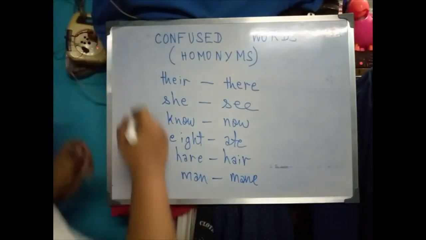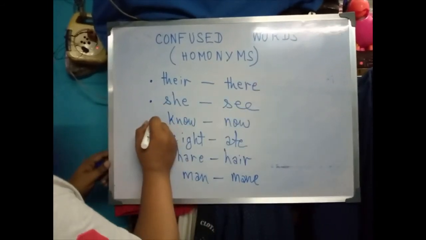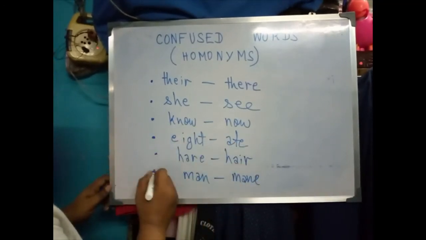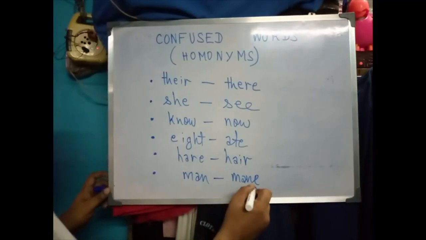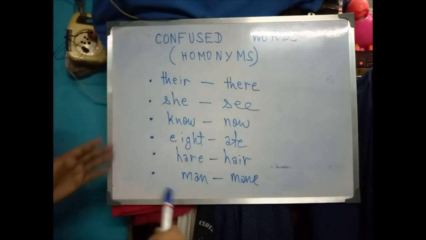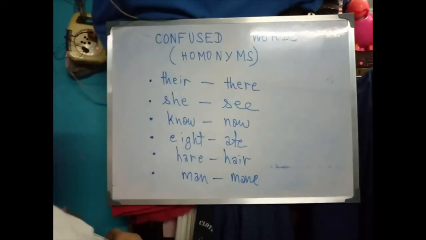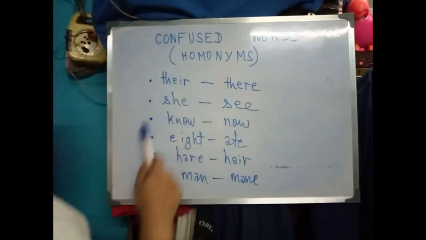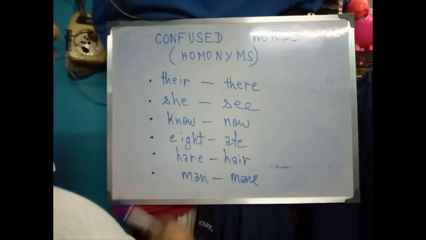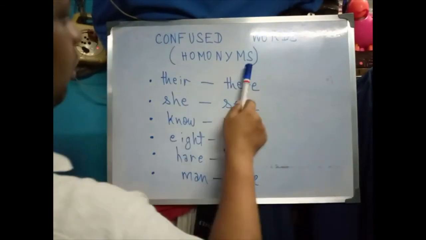So here we can see there, see, no, now, eight, ate, hare, hair, and man and mane. So all these words can be confused. Phonetically they have the same sound. They can be heard the same, but their meanings and their applications are different. So that is why they are called confused words, or simply we may say homonyms.